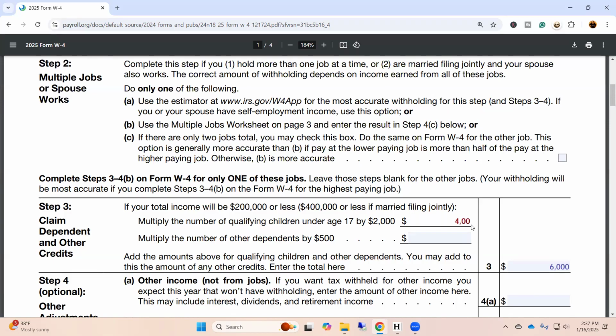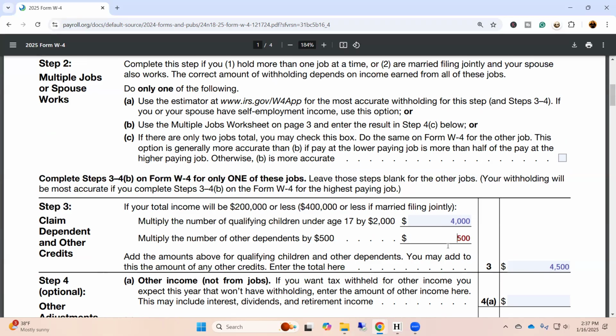So he has two daughters now under the age of 17, and one will be 17. This is important to look at for your taxes because sometimes people don't have enough withheld because they keep their child on in the $2,000 area when they're going to be turning 17 before the tax year ends, and they should have adjusted and moved them down to the 500. Okay?